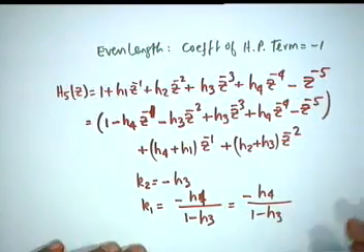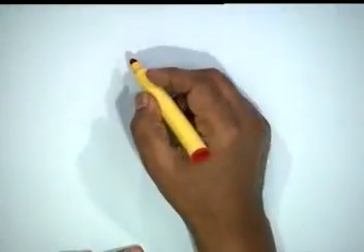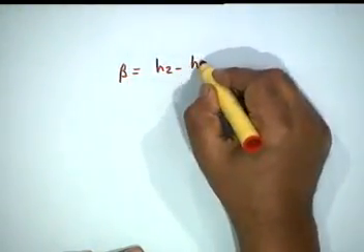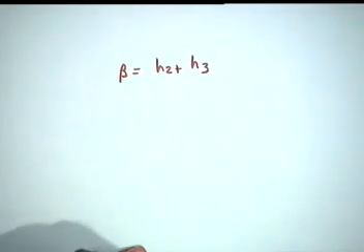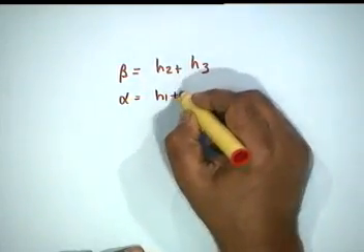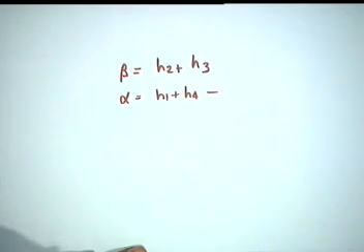The values of alpha and beta, I have done the rest. Beta has to be H2 plus H3 because beta z to the power minus 2, and alpha equals H1 plus H4 minus beta K1.